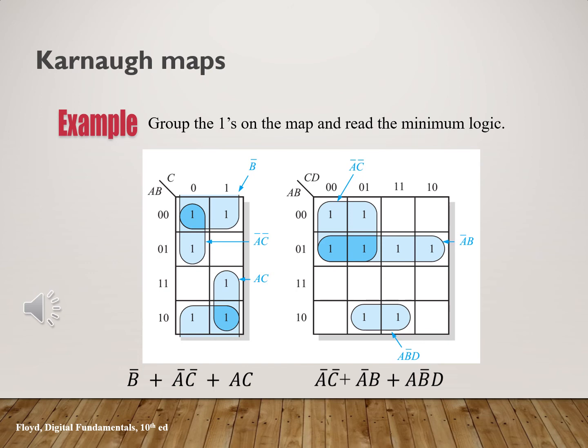You have only B bar acting in both the top row and the bottom row, the wraparound rows. So B is constantly 0 and only A is changing from 0 to 1 and C is changing from 0 to 1.